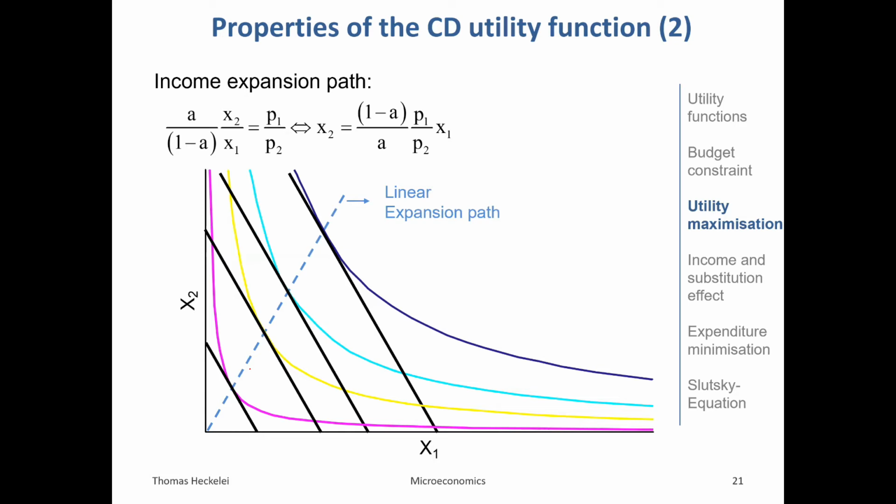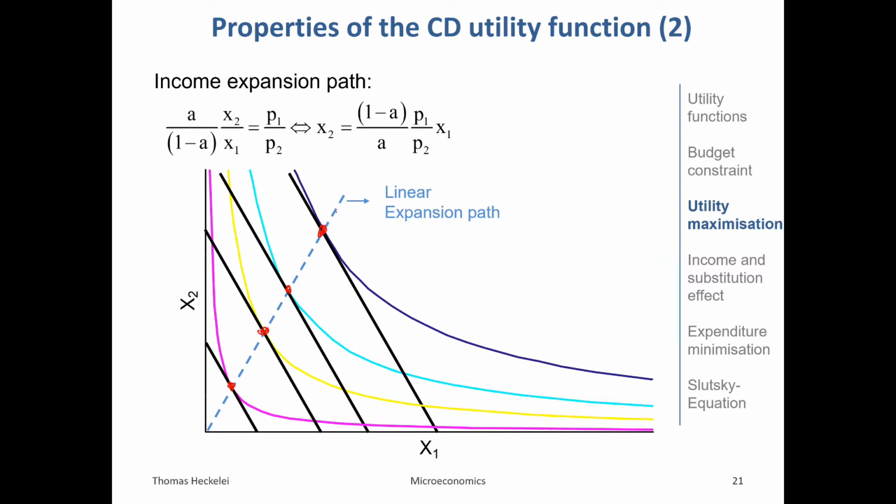And every time you shift to a new budget line, your optimum point will change, because you are on a different indifference curve every time. And when you connect all those optimum points, you get a curve.